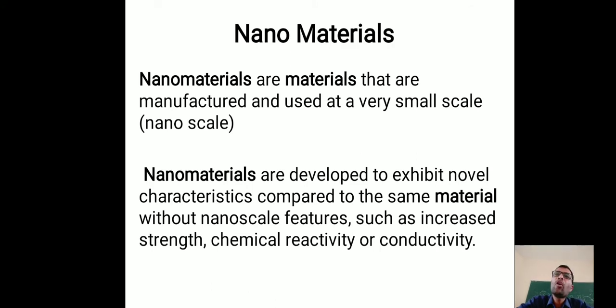Means nanomaterial has better properties than other general materials, like strength, conductivity, chemical reactivity, and many more properties are better in nanomaterial than other conventional materials. That's why these nanomaterials are used in research work.